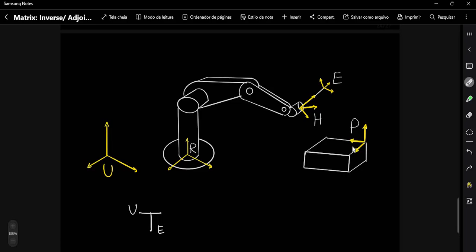We do this based on a reference system, a reference frame. That is the universe reference frame, which has coordinates in 3D space.